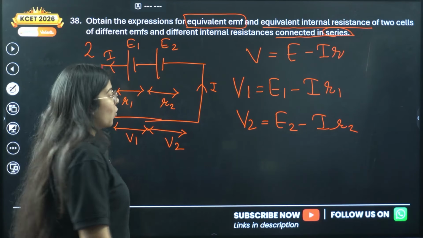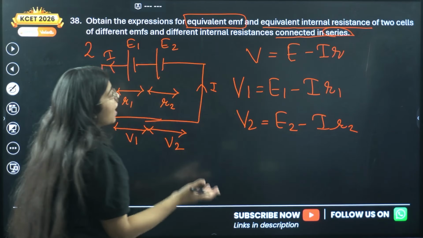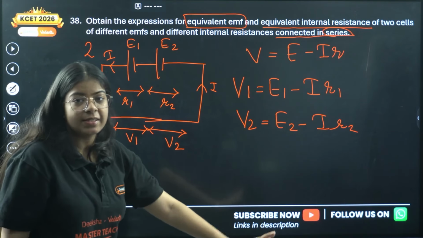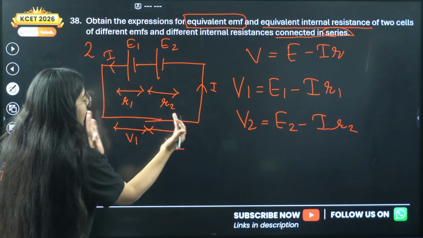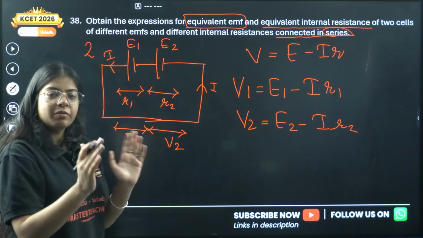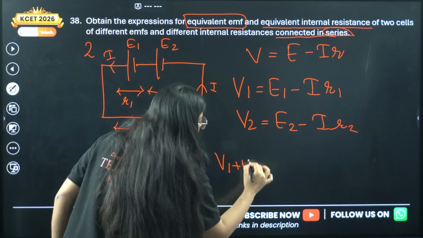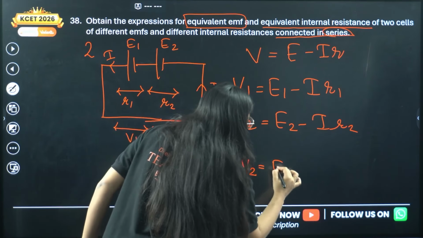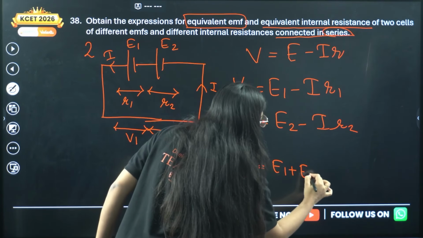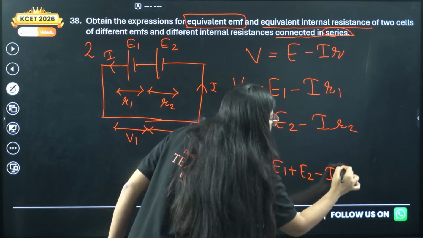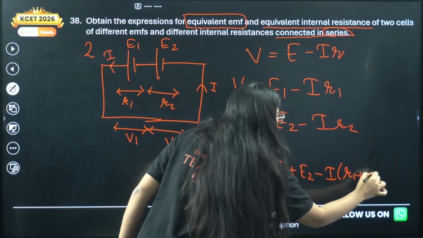Great. Now, if I add those, I just have to see equivalent resistance. Equivalent, for that, the whole voltage will be V1 plus V2. So, if I add these two, V1 plus V2, this will be E1 plus E2 minus I into R1 plus R2.